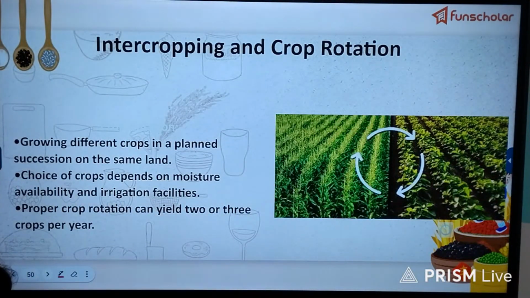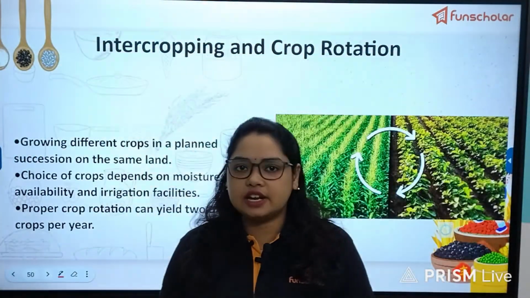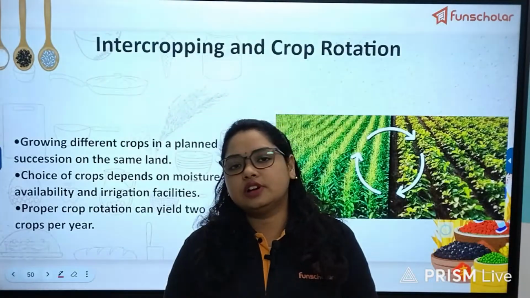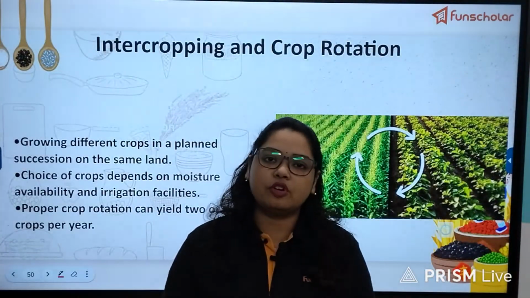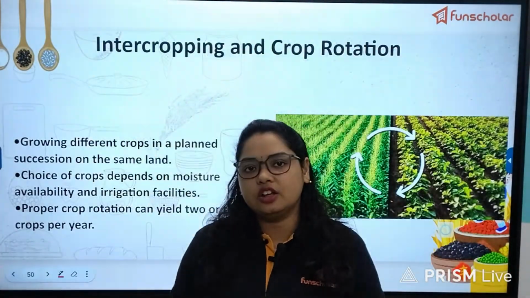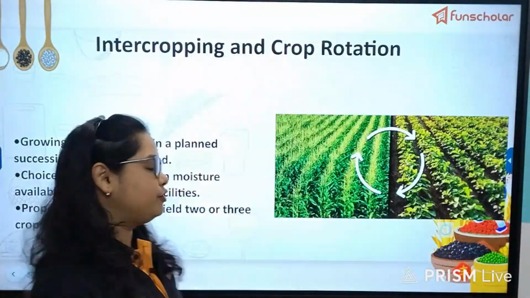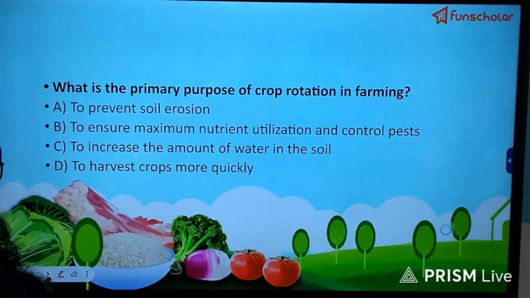Proper crop rotation can yield 2 or 3 crops per year. Obviously, we will study subsequently the Rabi crops, Kharif crops and Zaid crops. So if we count them, in a single year we are getting at least 3 types of crops from the same field.